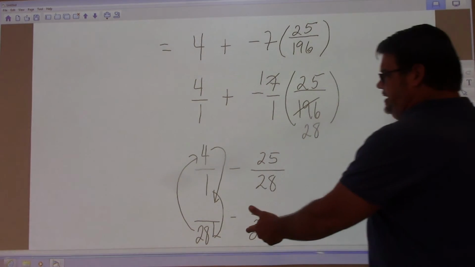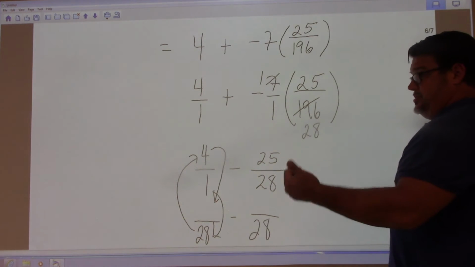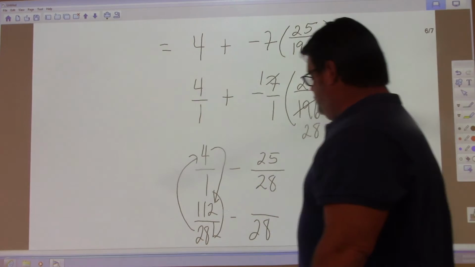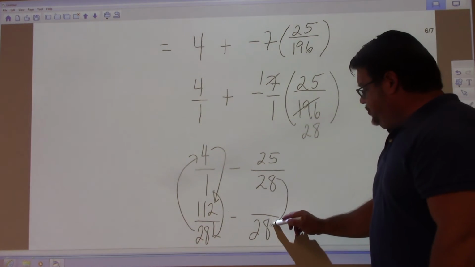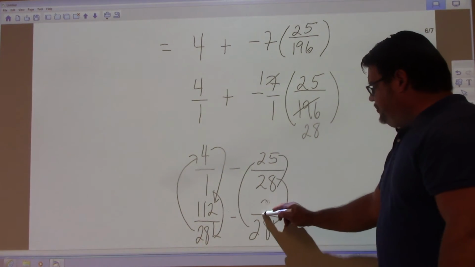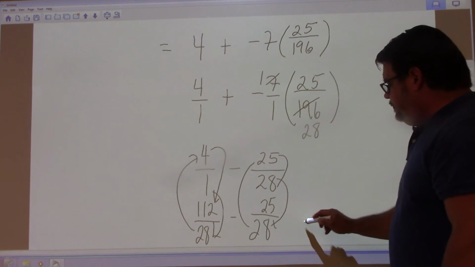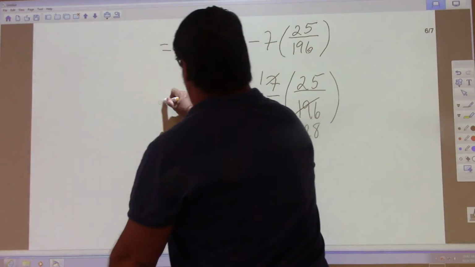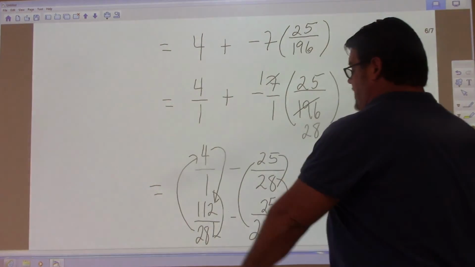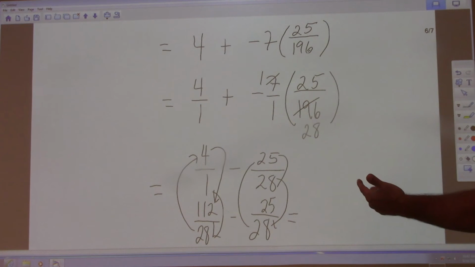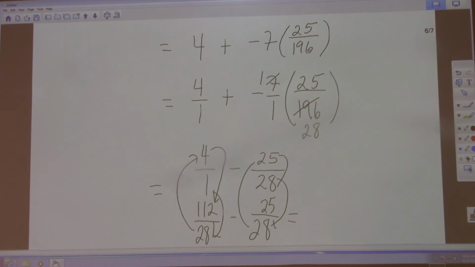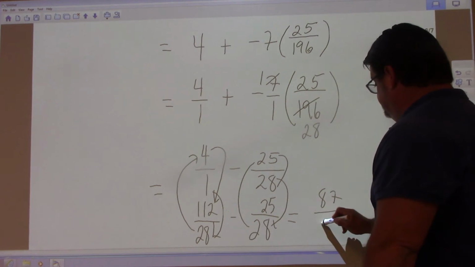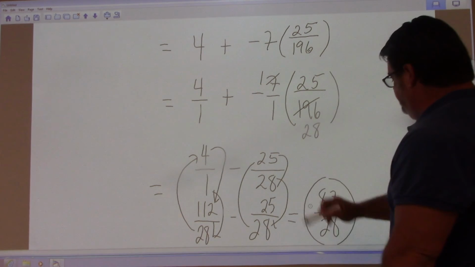The difference between 28 and 25 is 3, so it's $1.12. 28 will go in 28 one time. 1 times 25 is 25. So this whole right side of the equal sign comes down to be 100 minus 25 is 75, plus 12 is 87. Now you see where I got it? Yes.